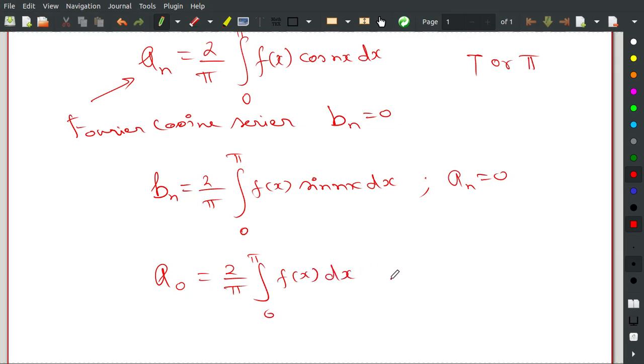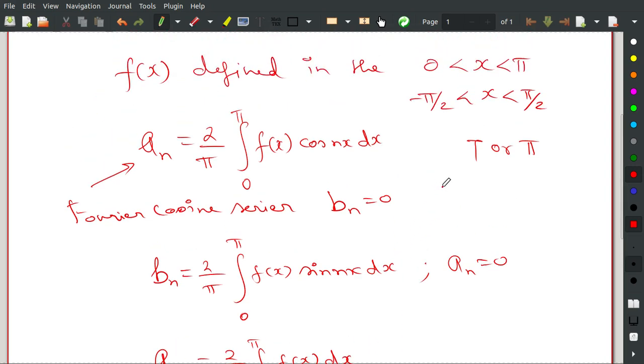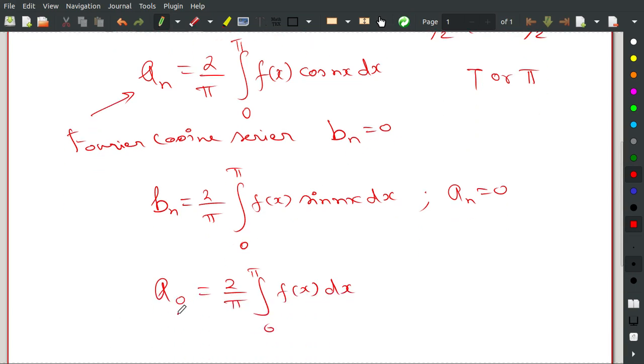If the question is only Fourier series with the limit ranging from 0 to pi or minus pi by 2 to pi by 2, then you have to find a naught as well as an and bn. If they particularly ask for the Fourier sine series, you do this one. If they ask for the Fourier cosine series, you do this one.